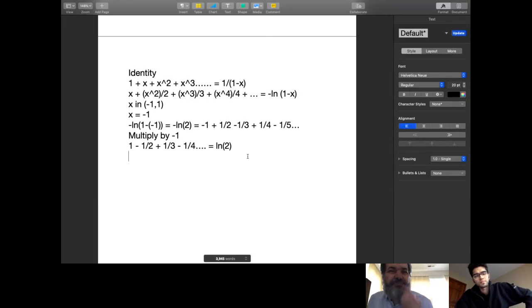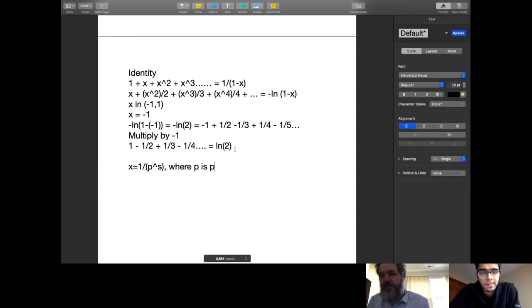Now, this is if I take some particular values. Now, let's take another particular value. Let x equal 1 over p to the s, where p is a prime and s is a real number strictly larger than 1.